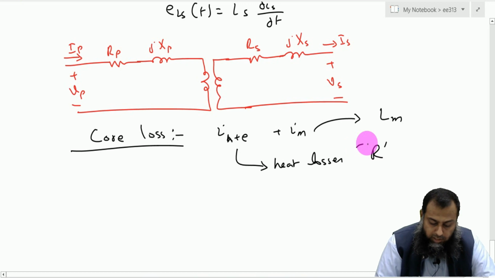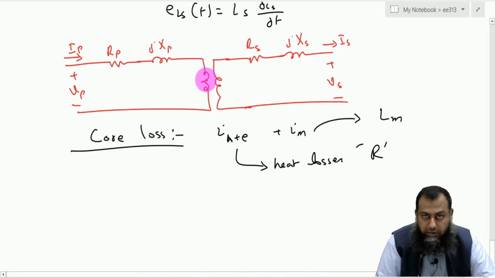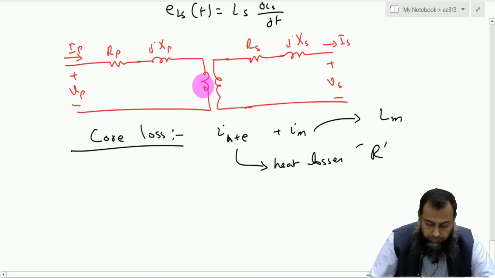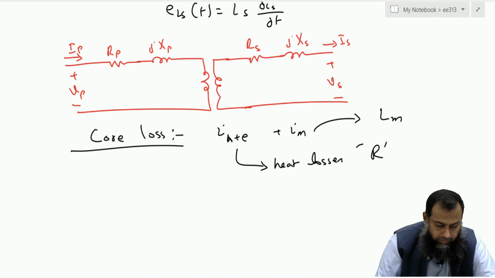So IM can be modeled in terms of the inductance LM, whereas IH plus E are heating losses, and therefore we can model them by using a resistance R. But this comes in parallel with the winding. It will not come in series because it has nothing to do with the winding. Rather, it deals with the losses in a given core. So the equivalent circuit is something like this.